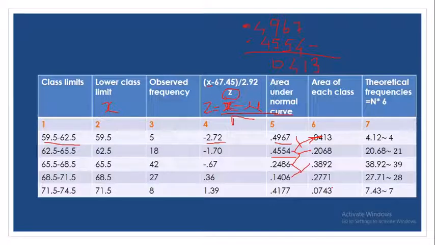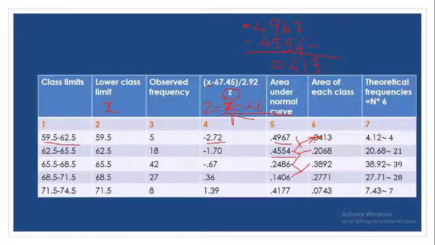Now after finding out the area of each class, your final column is the theoretical frequencies. You know that your n is 100. So how will you find the theoretical frequency? 100 into column 6.